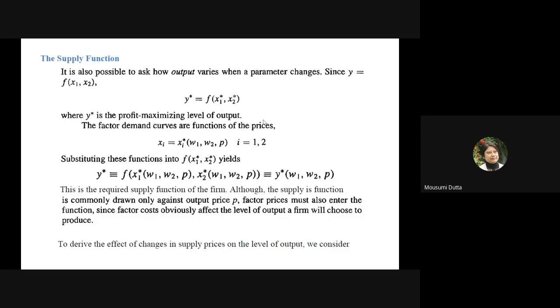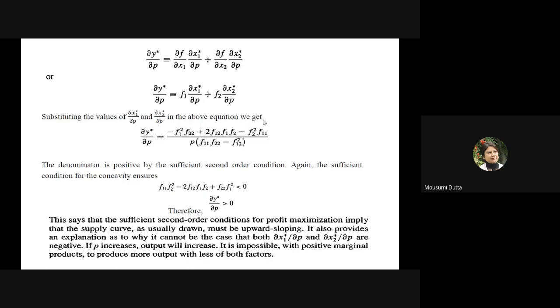So I'll request all of you to plug these values in the expression, substitute one value here and the other value there, and check whether you are getting this result or not.